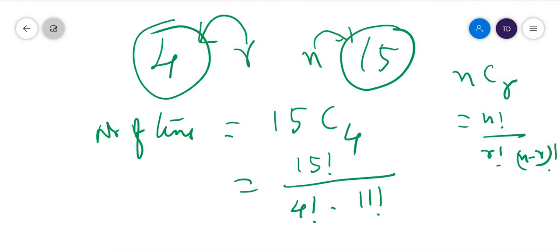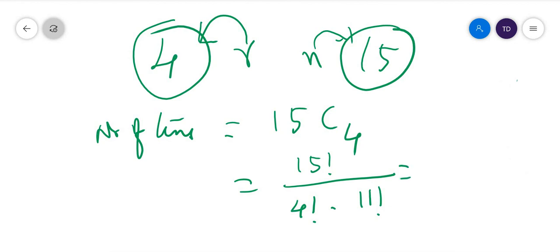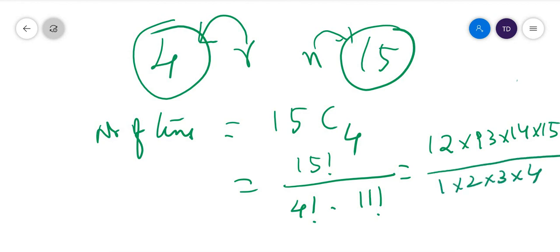11 factorial is 1 into 2 into 3 up to 11, and 15 factorial is 1 into 2 into 3 up to 15. So that cancels, and the remaining is 12 into 13 into 14 into 15, the whole divided by 4 factorial, which is 1 into 2 into 3 into 4.